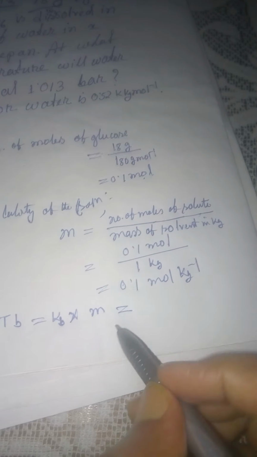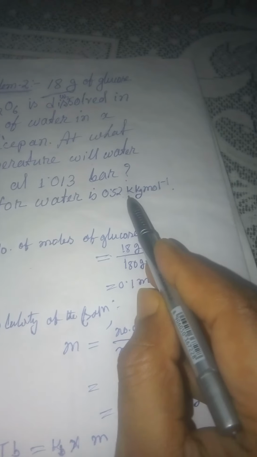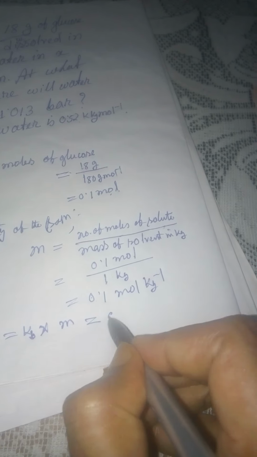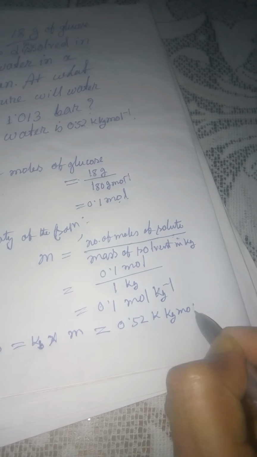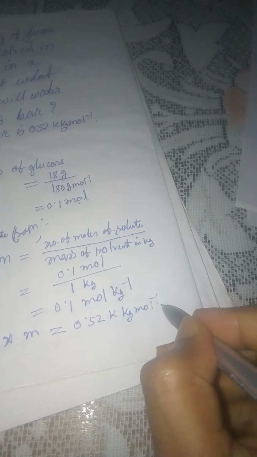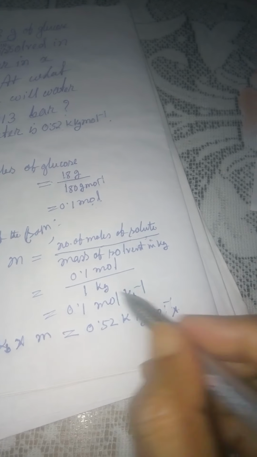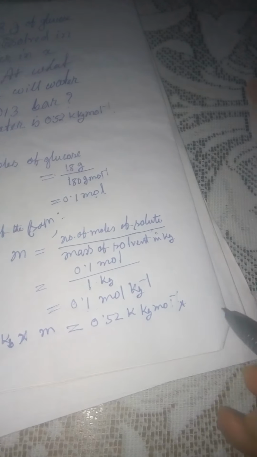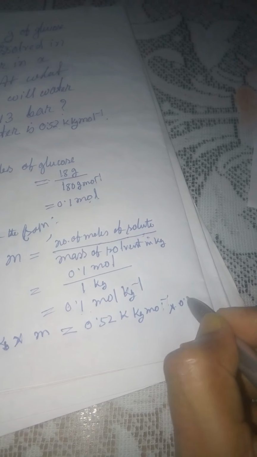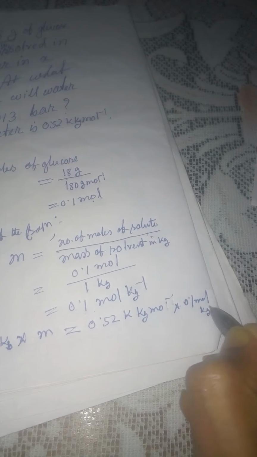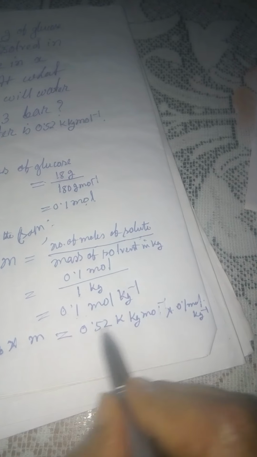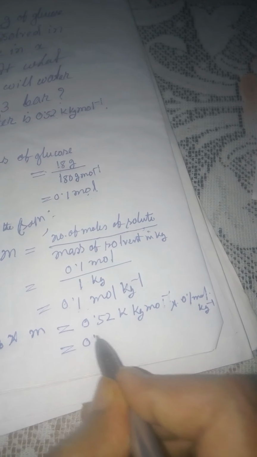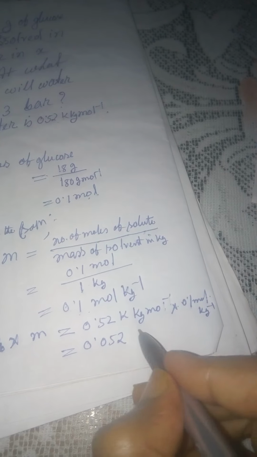Kb, you see here, is 0.52 Kelvin kg per mole, into m, which is 0.1 mole per kg. So mole per kg and kg per mole will cancel out, and if you multiply it, it will come out 0.052 Kelvin. So that is the elevation of boiling point.